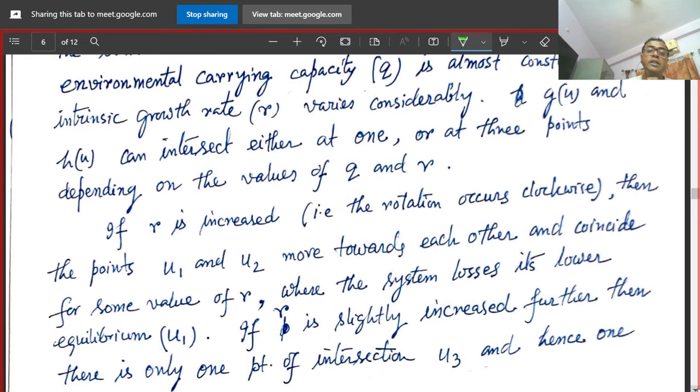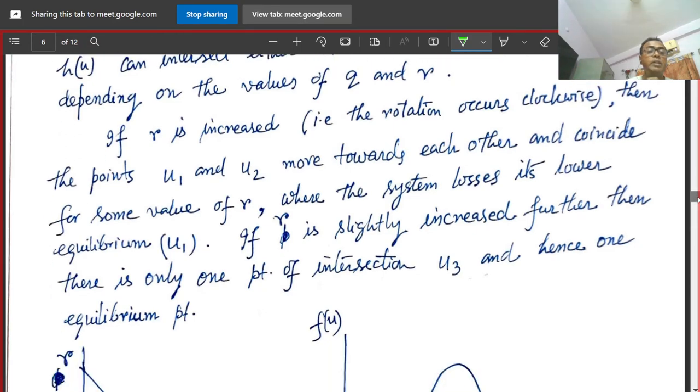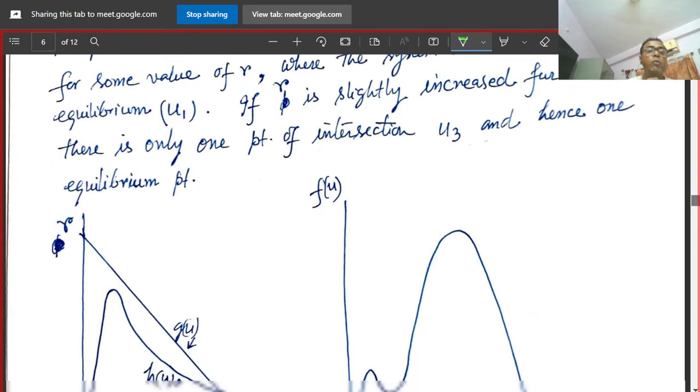If r is increased, that is the rotation occurs clockwise, then the points u1, u2 move towards each other and coincide for some value of r, where the system loses its lower equilibrium u1. If r is slightly increased further, then there is only one point of intersection u3 and hence one equilibrium point.